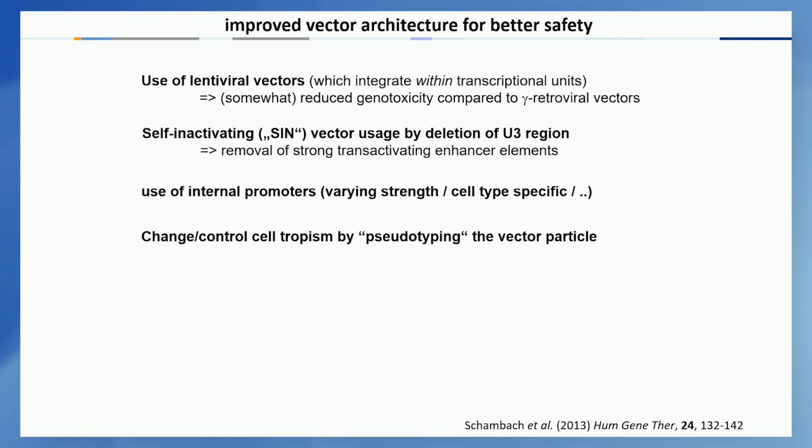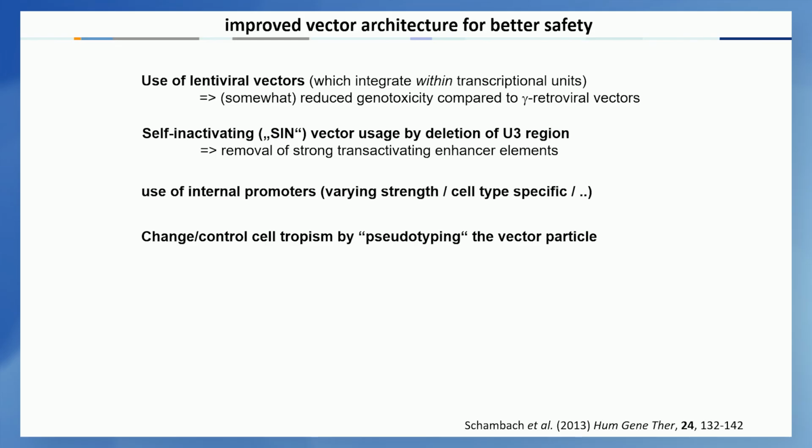We can use self-inactivating vectors. I mentioned that before. You take out the U3 region of the LTR, the enhancer promoter region of the virus itself, which is a very, very strong enhancer. Take it out, and the chance to disturb the expression of neighboring genes is much, much reduced.